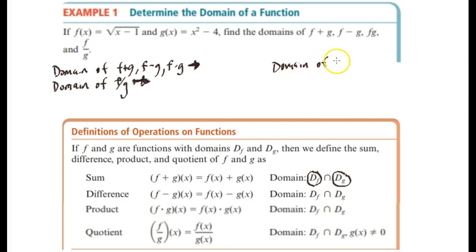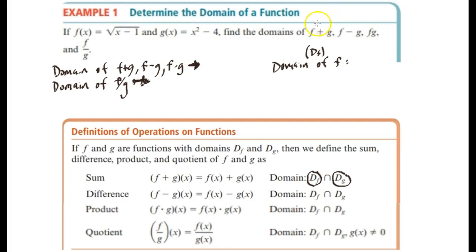Domain of f. Okay, so looking at the domain of f, that's also known as Df. Df is defined as, well, we're looking at the square root of x minus 1. And we know that we cannot take the square root of a negative number.